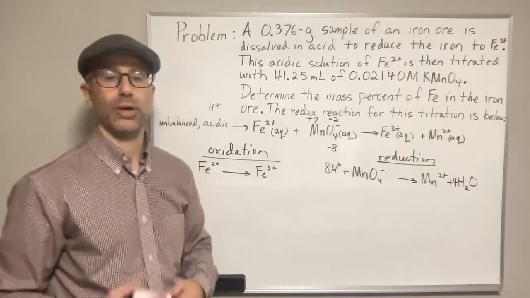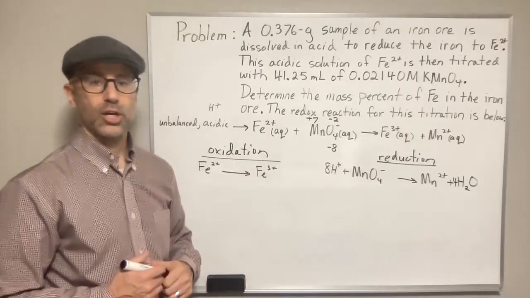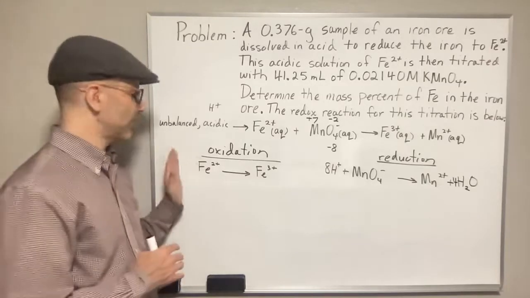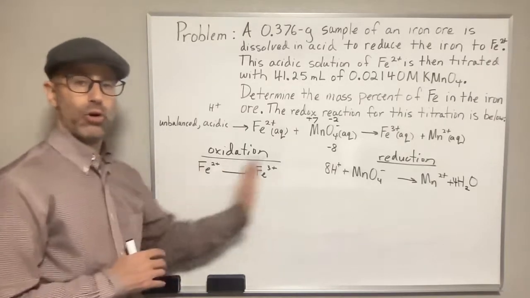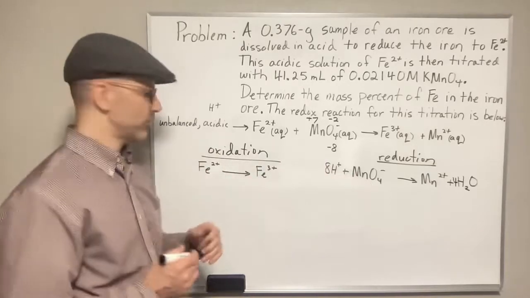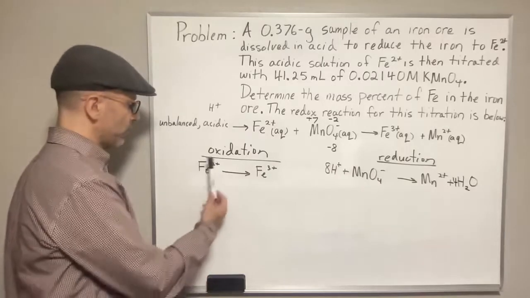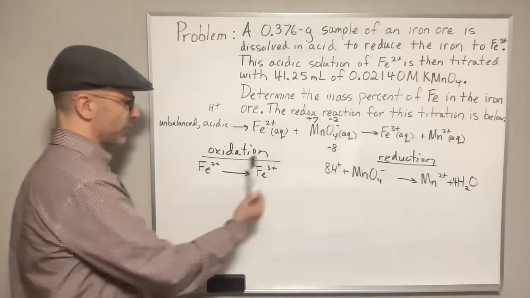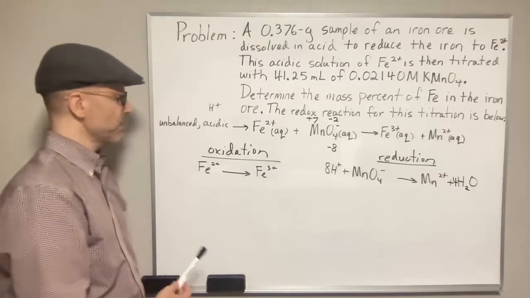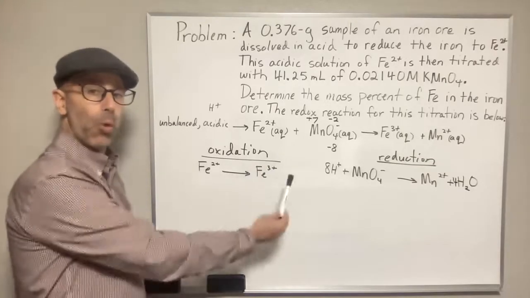Now what we need to do is balance the charge. We're going to use electrons, and we're going to put electrons either as a reactant or a product for each of these half reactions to balance the charge. Here you'll notice this is a +2 charge and this is a +3 charge. Electrons are negative, so we're going to put them on the more positive side.